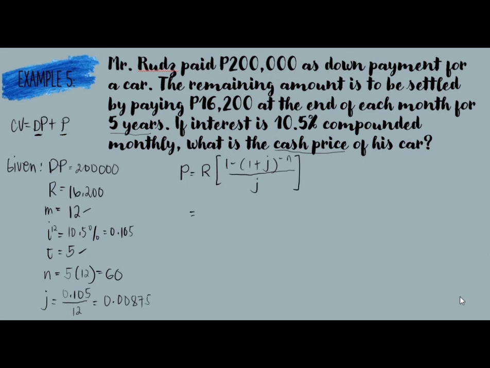So, yung regular payment natin is 16,200 times 1 minus the quantity of 1 plus j. Ang j is 0.00875 raised to negative n. So, ang n natin is 60. All over 0.00875. Okay. So, now compute.